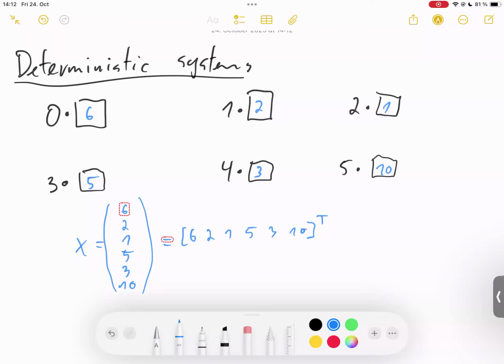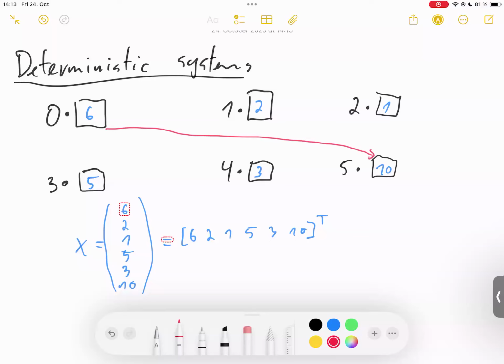Now we want to add some dynamics in that system. Because now we have an initial state and we want to move from one state to another. So we can think about dynamics that I just defined now. We can say, for example, we move the marbles from position 0 to position 5.